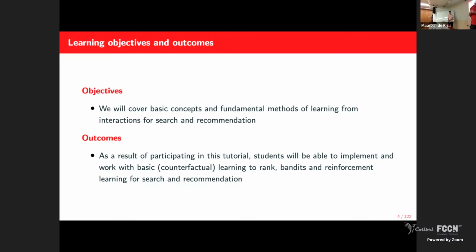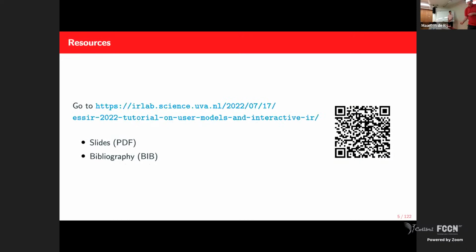Get some libraries and start playing with them. The slides are here. That's a more recent version than what's on the summer school site. We'll share the latest version with you later today. We'll also add the references. I don't think we put them up there yet. We'll do that a bit later today.